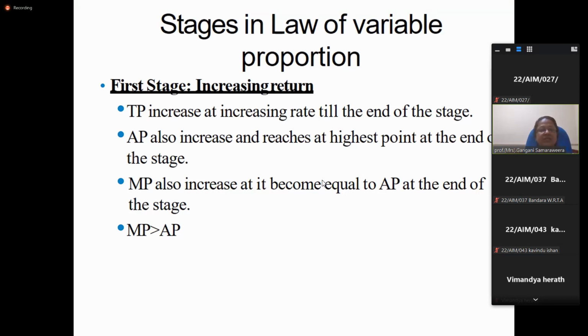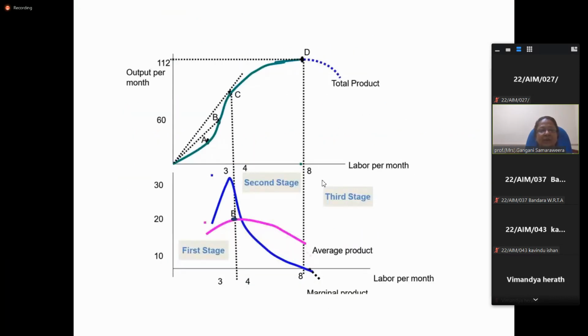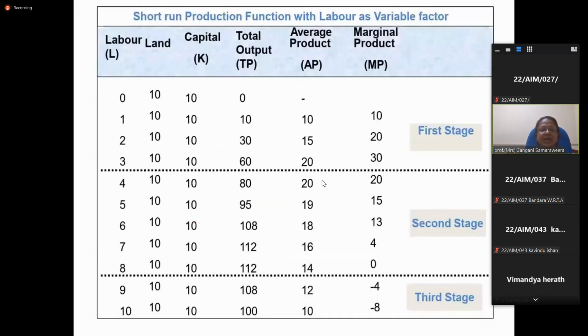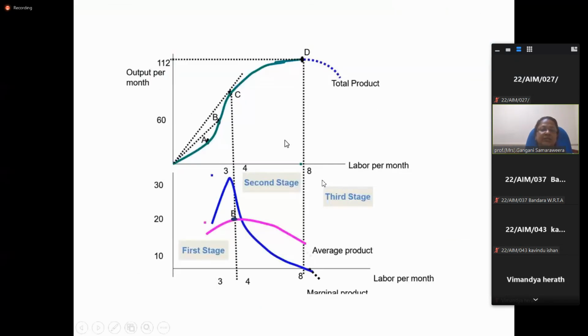Now we will see whether it's correct or wrong. See, marginal product, you can see the table as well. I think here it is more clear. Our total product is increasing, marginal product also increasing, average product also increasing, but marginal product is increasing more than the average product.